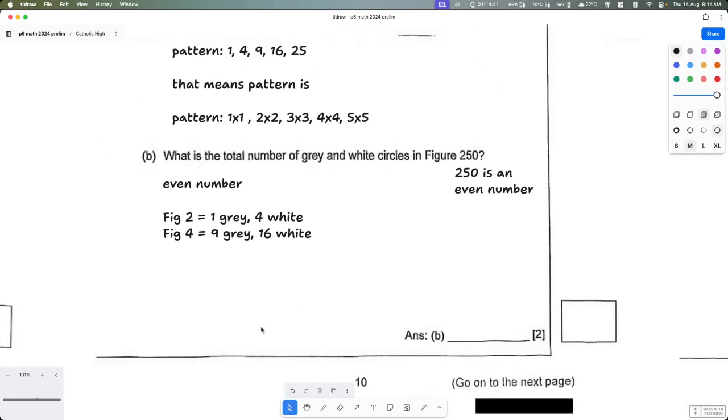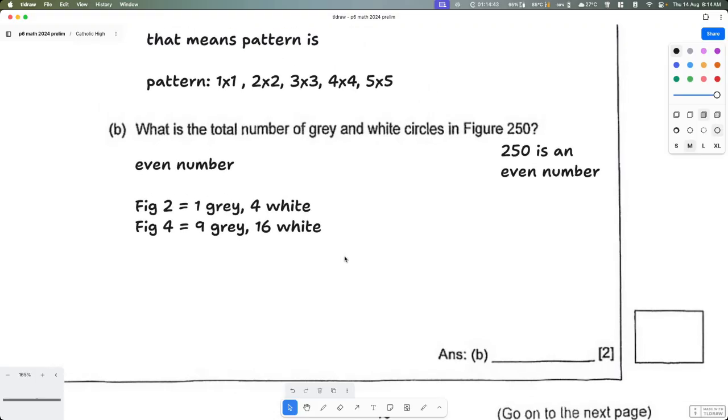Okay, so from here you actually can get the pattern. So the pattern itself is basically, 1 gray is 2 minus 1 times 2 minus 1, bracket gray, and then the white is just 2 times 2, white.